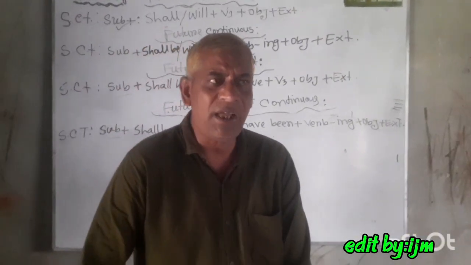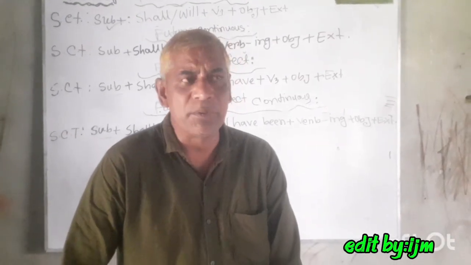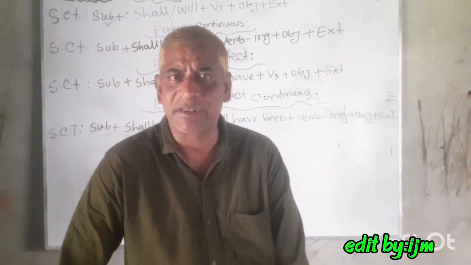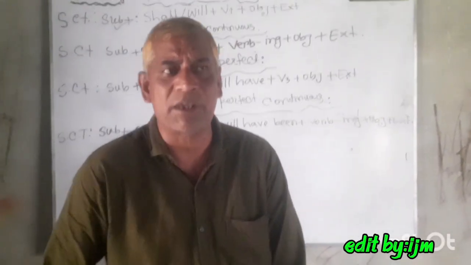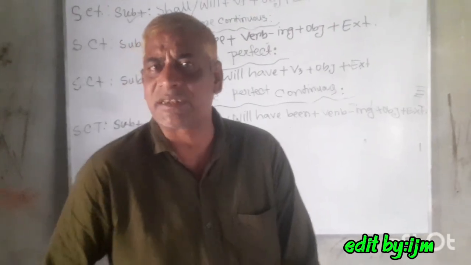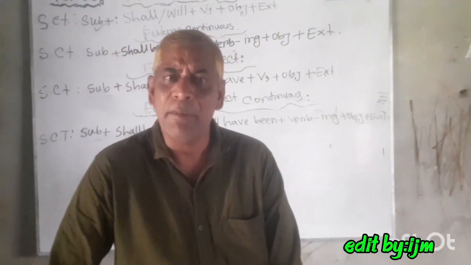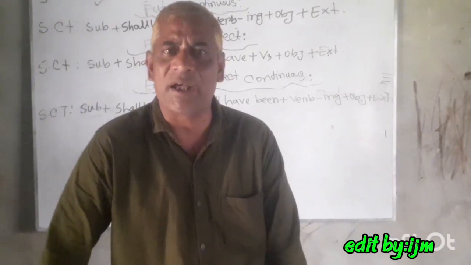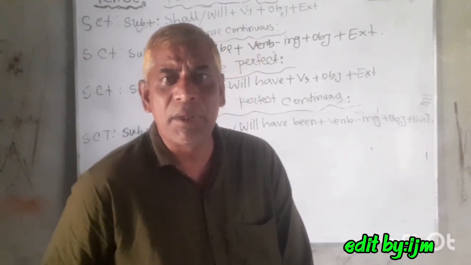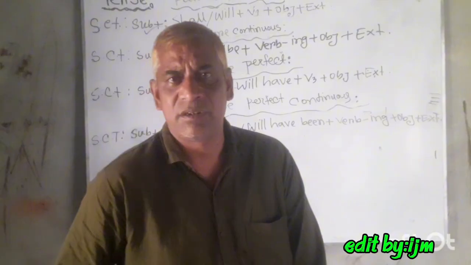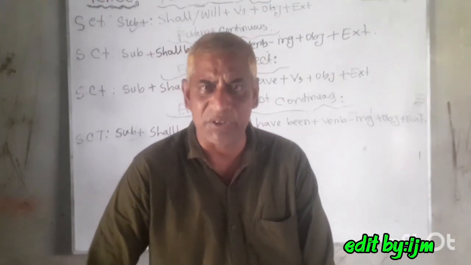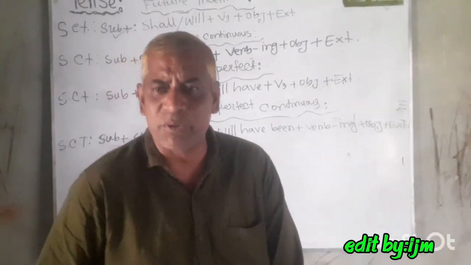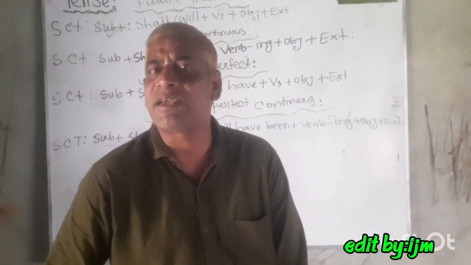Next we are going to know the structure of future indefinite: subject plus shall or will plus verb 1 plus object plus extension. Verb 1 means verb present form. Then the future continuous: subject plus shall be or will be plus main verb with ing plus object plus extension.